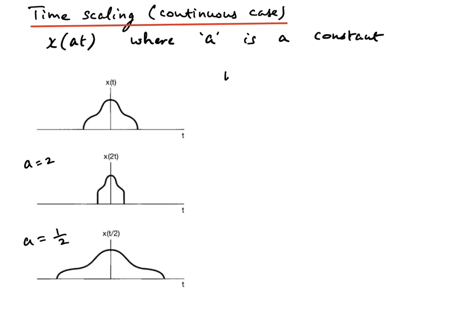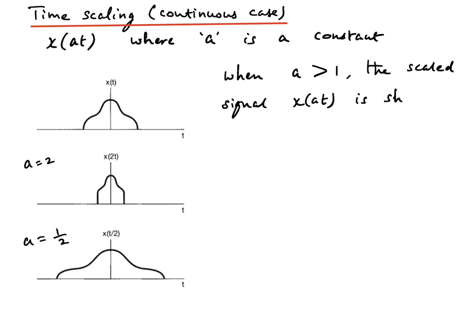So when a is greater than 1, the scaled signal x of a t is shortened in length.